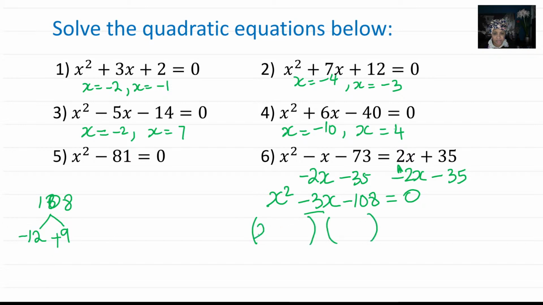And you have x here and x there. Don't forget the equal, okay, because we're doing equations. And then you have minus 12 here, and you have a plus 9 here. So if you take that bracket, you get x equals 12. And if you take this bracket, you get x equals negative 9.